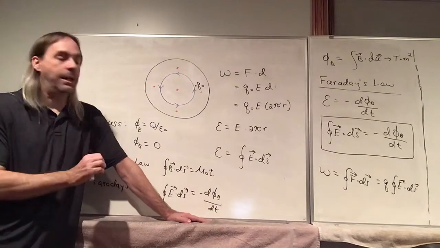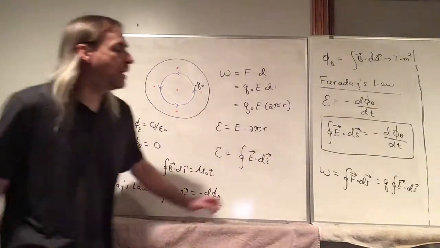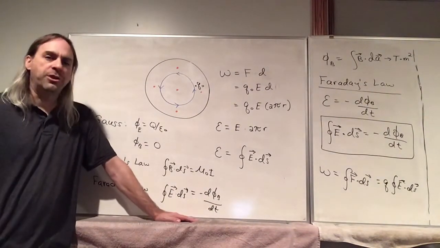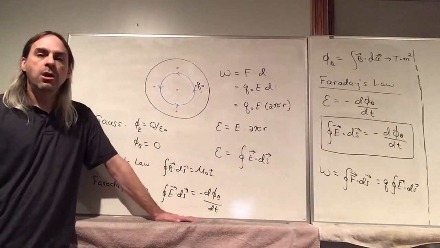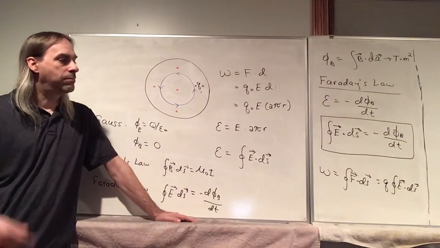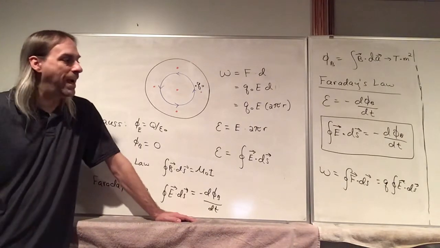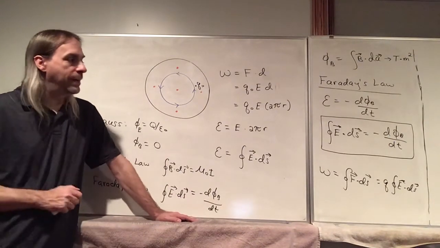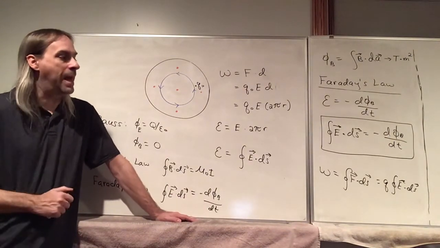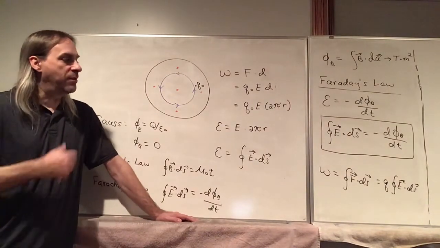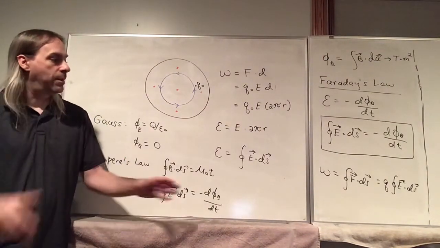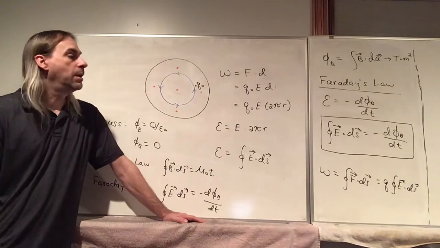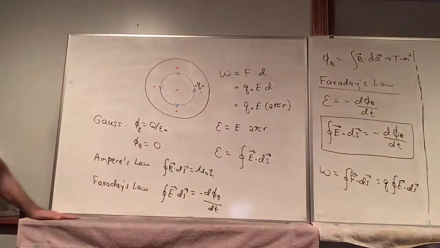But in electrostatics, if the charges are fixed, there's not going to be a magnetic field at all. Or if we have charges moving in a certain predictable way, then you can have a magnetic flux, but not a changing magnetic flux. But generally speaking, once charges are moving, then we can no longer define an electric potential quite so easily. So we have to be a little careful about that.